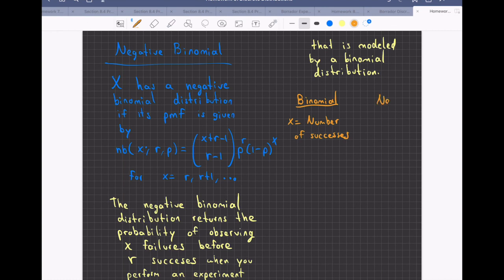In the negative binomial case, X is the number of failures before r successes are observed.